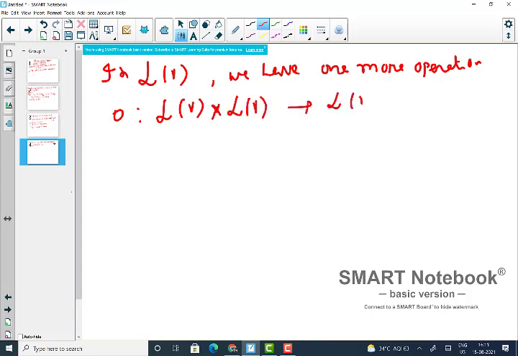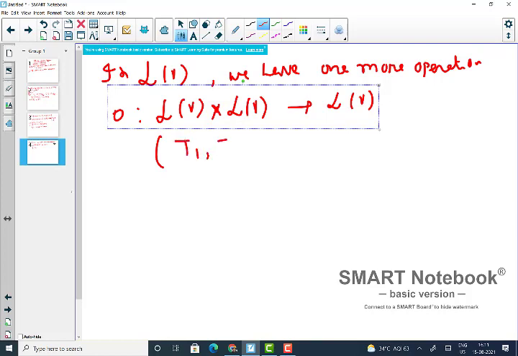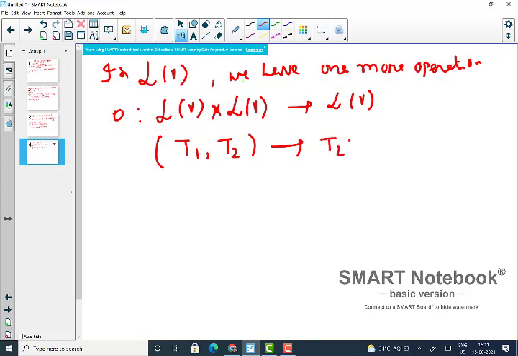In L(V) you already have addition and scalar multiplication, which makes L(V) a vector space. But you have a composition that will give you ring structure. And what is the map? You choose two elements T1 and T2, and send them to T2 composed with T1, or T1 composed with T2, doesn't matter, which we write as T2 T1.